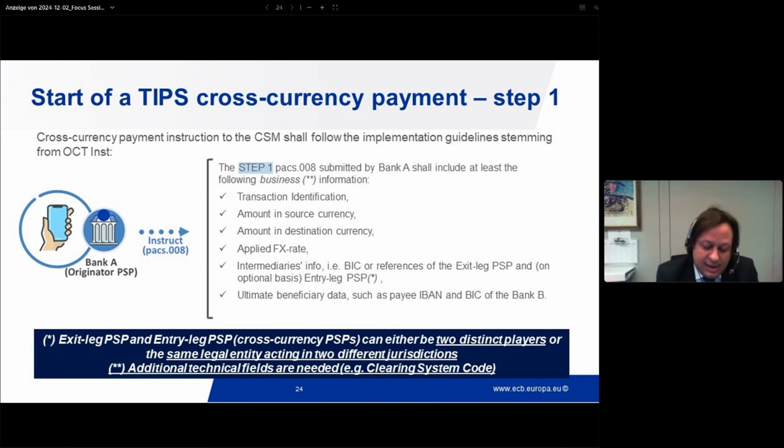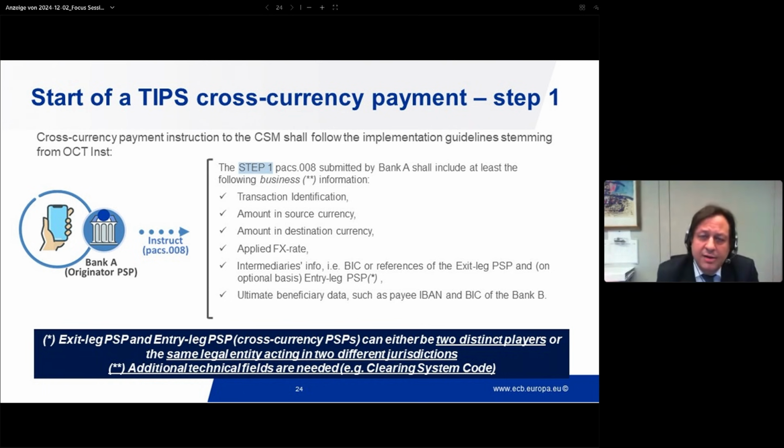Those are the actors who are on one end receiving funds in the source currency, and in the other jurisdiction providing funds in the target currency to the ultimate beneficiary.